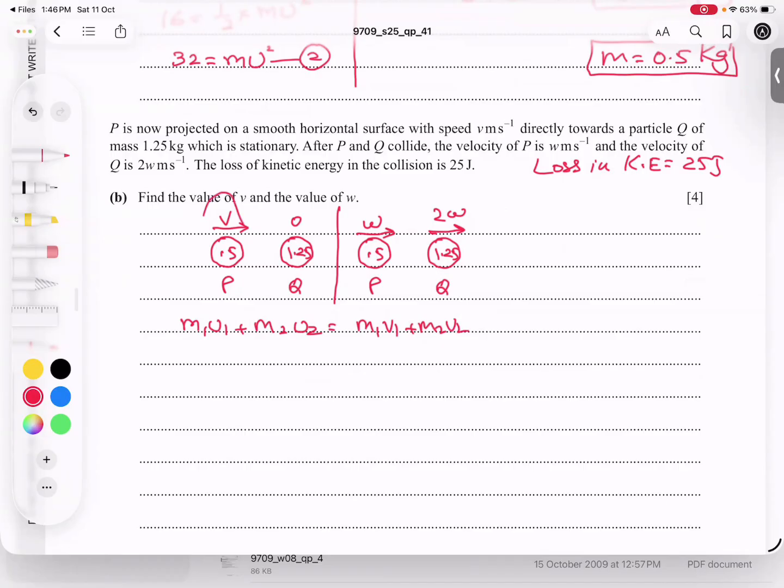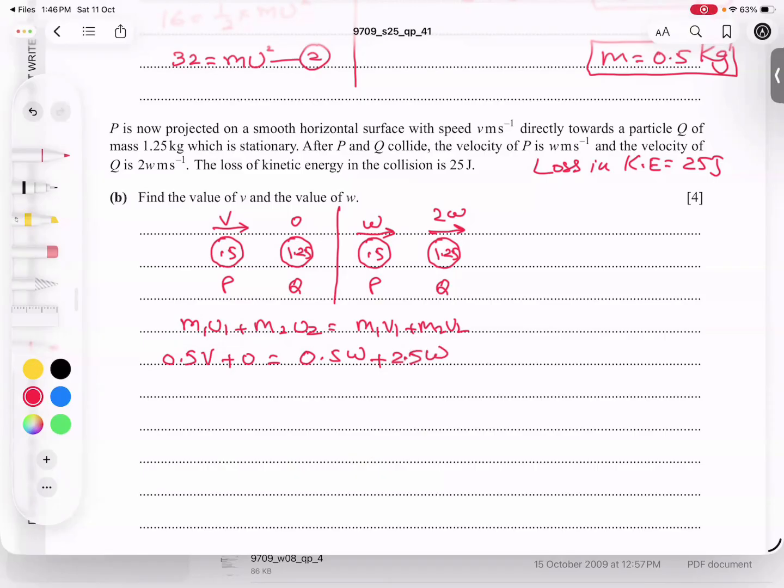So if I multiply them, in the first situation I get 0.5 v. This one is 0. After collision, I get 0.5 w. And here I got 1.25, and what is 1.25 into 2? This is naturally 2.5, so I'm writing directly 2.5.